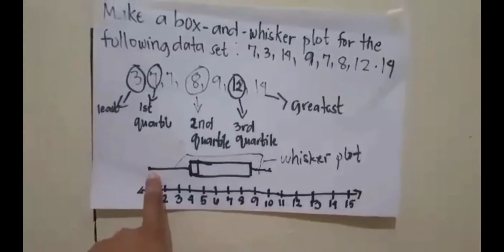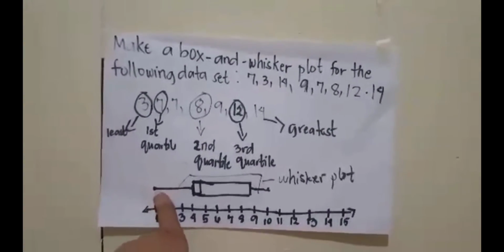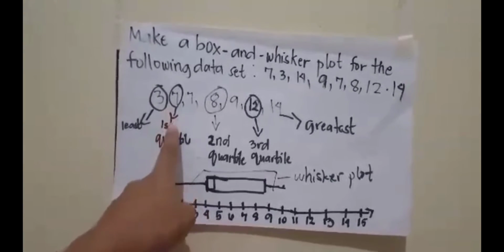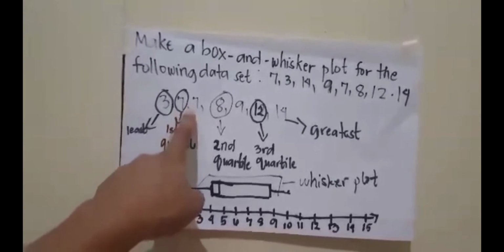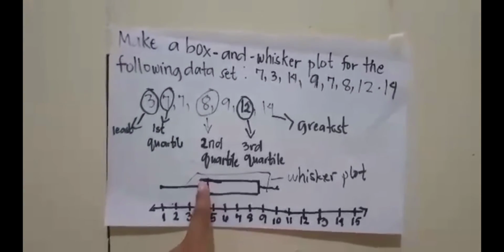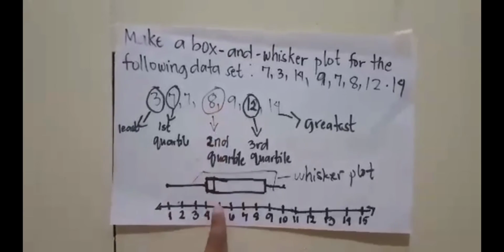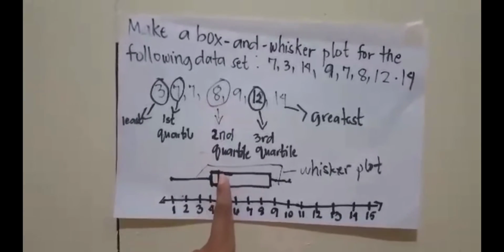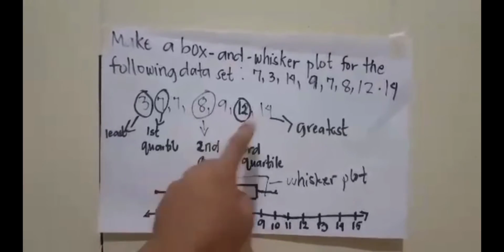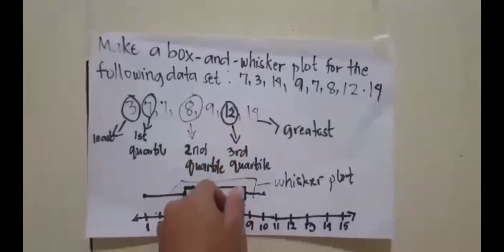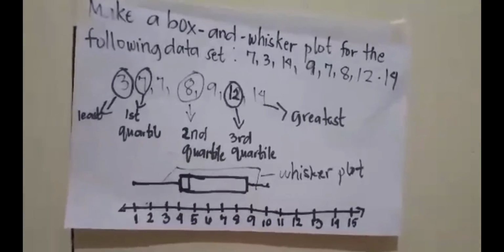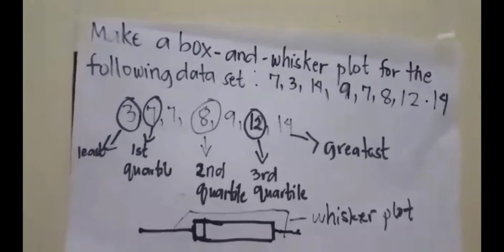To make a box and whisker plot, we have here first 7, 8, ito yun siya, this line, this is 7 here, 8, and here is 12. This is how to make a box and whisker plot.